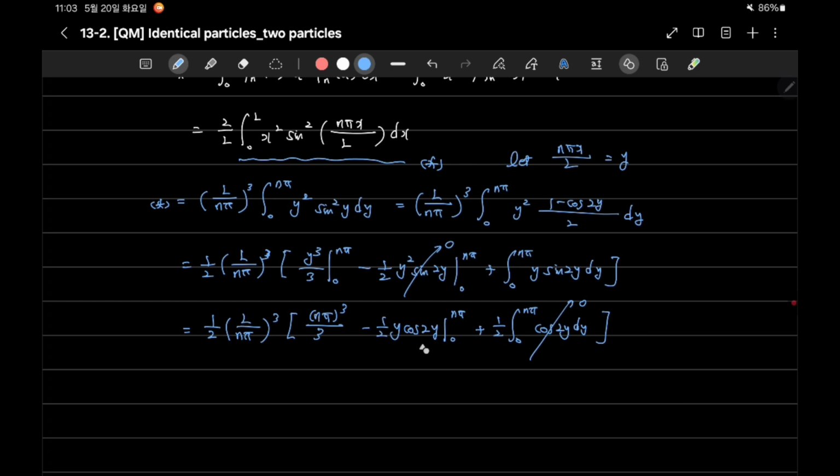So in the first term, the 3 and n pi cubed cancel each other, leaving L cubed minus L over n pi cubed and n pi.